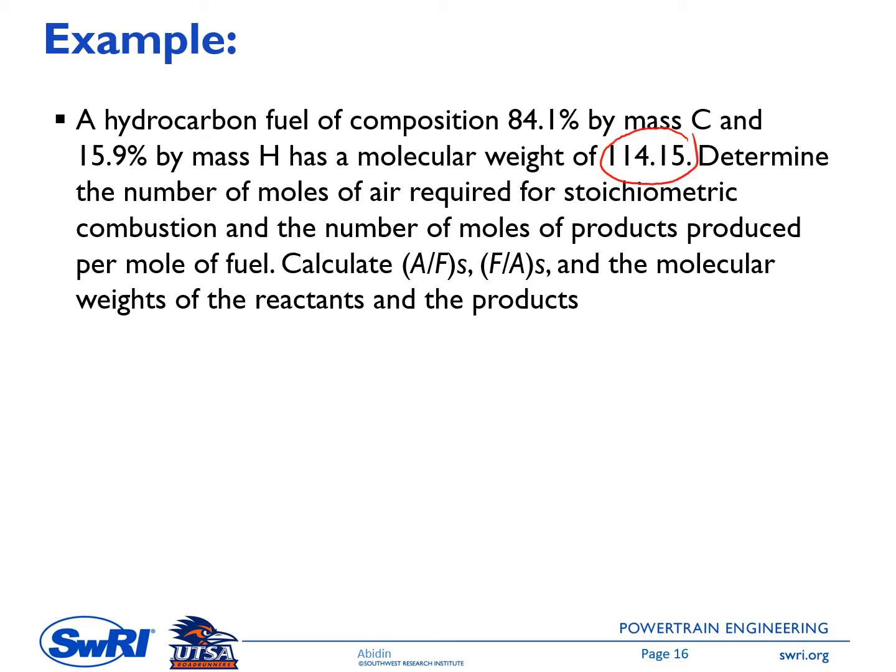Determine the number of moles of air required for stoichiometric combustion and the number of moles of product produced per mole of fuel. Also calculate the stoichiometric air-fuel ratio as well as the stoichiometric fuel-air ratio and the molecular weight of the reactants and the products. Let's take a look at the solution of this problem.